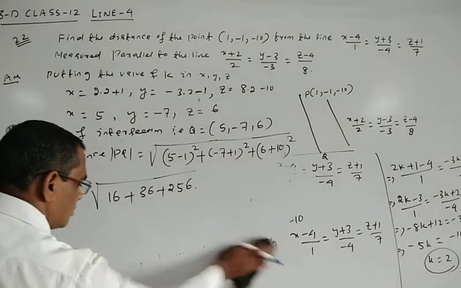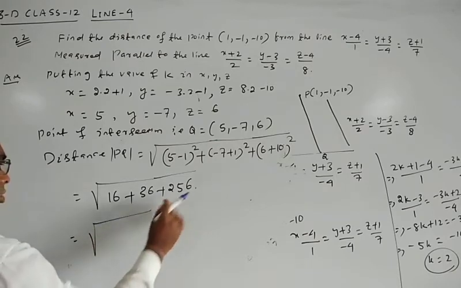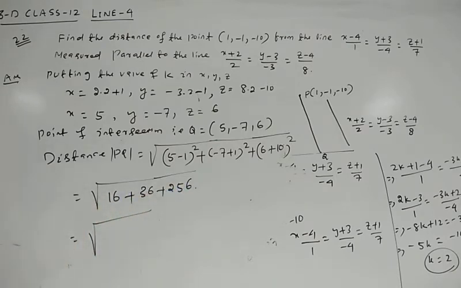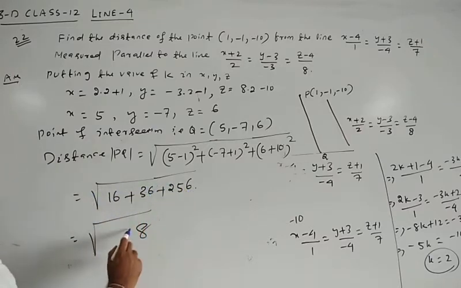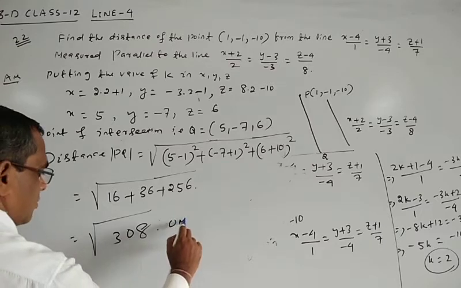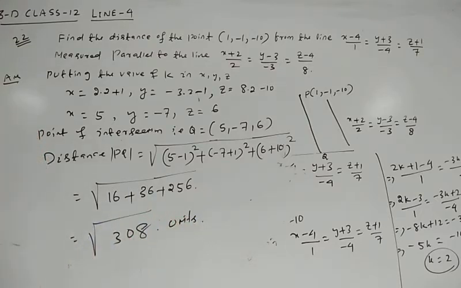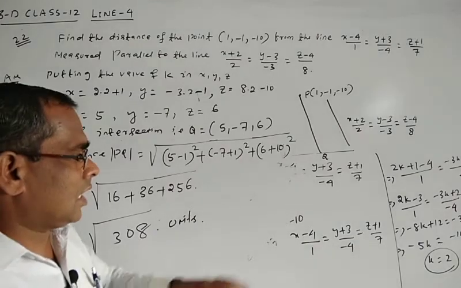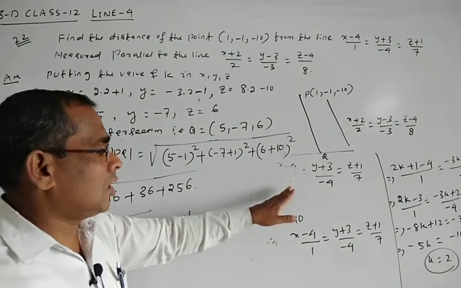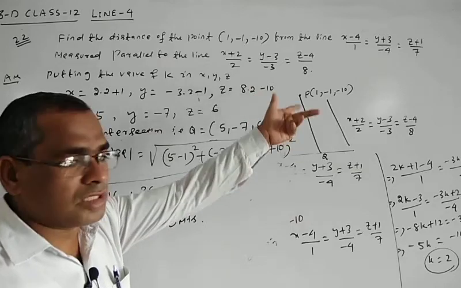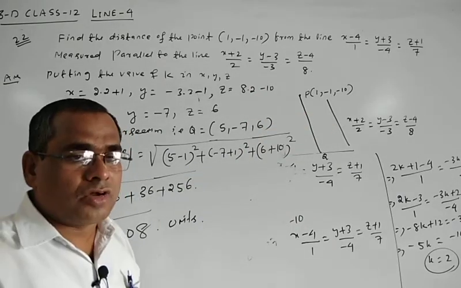So what is its value? 16 plus 36 plus 256 is 308. So the distance from the point (1, minus 1, minus 10) to the line (x minus 4) by 1 equal to (y plus 3) by minus 4 equal to (z plus 1) by 7, measured parallel to the given line, is root over 308 units.